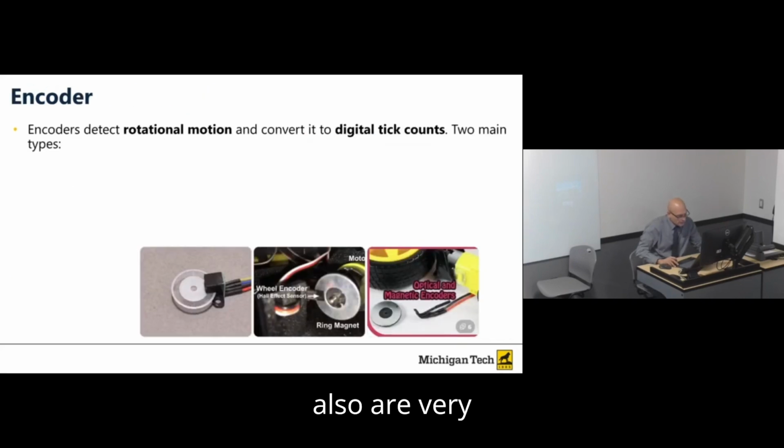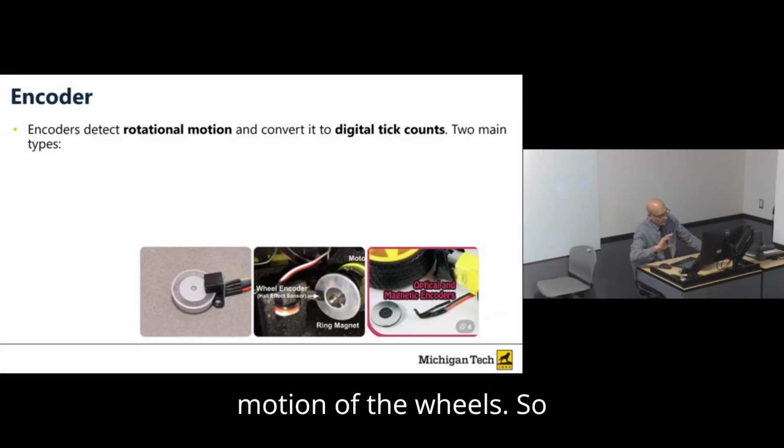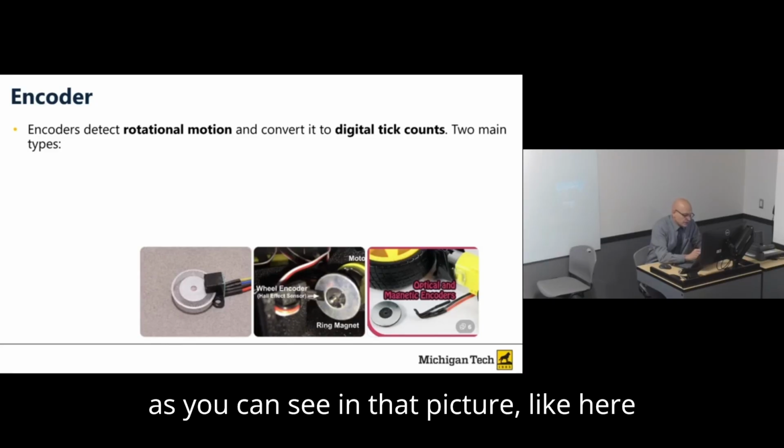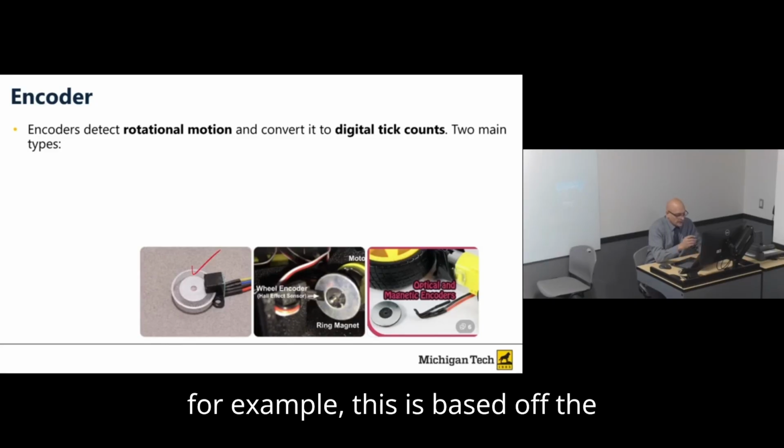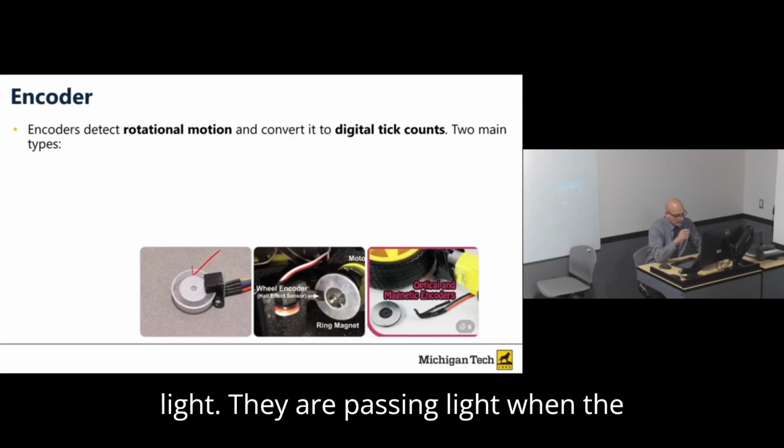Encoders. Encoders are also very useful. They mostly work by counting the motion of the wheels. As you can see in that picture, this one is based on light passing through.